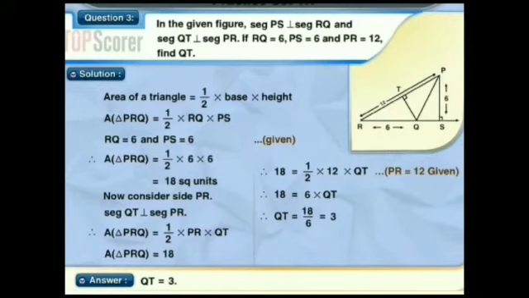But we know that the area of triangle PRQ is 18 square units and measurement of PR is given to us as 12. So substituting these two values in the formula, we get 18 is equal to half into 12 into QT. Divide 12 by 2, so we get 6. Therefore, 18 is equal to 6 into QT. So therefore, QT is equal to 18 upon 6, which is equal to 3.